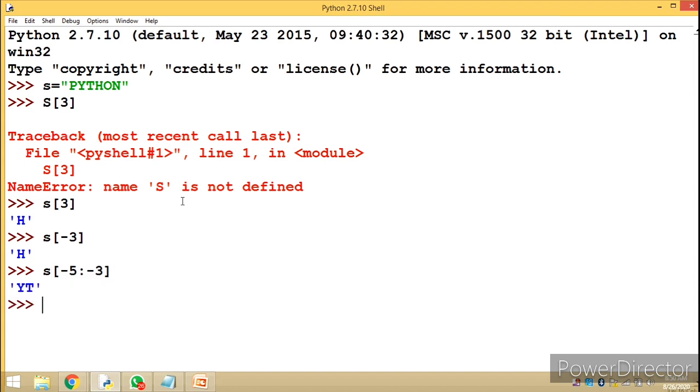What did I say? Minus 5 to minus 3, YT. That's why I have come over here on Python programming, so that you have a clear concept on this. Now if I say S minus 3 colon minus 5, then?